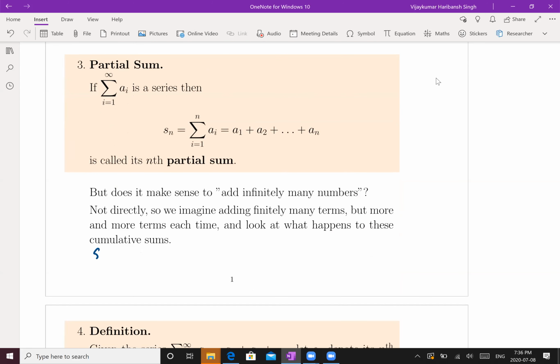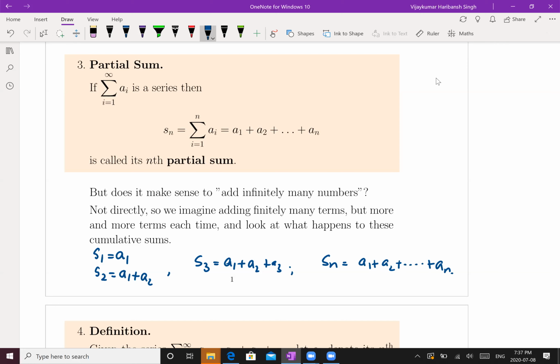So you start with S1, which is just the first term, S2, which is adding the first and second terms, S3, a1 plus a2 plus a3, and Sn is going to be a1 plus a2 plus a3 plus dot dot dot plus an. This Sn is called the nth partial sum.